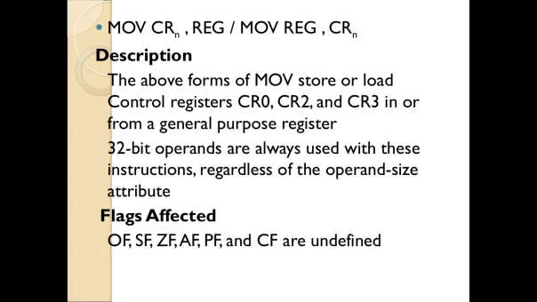Next, MOV CR, register or MOV register, CR: control register to general register or general register to control register. We can move values from one control register to some general purpose register or from a general purpose register to some control register. The flags affected are OF, SF, ZF, AF, PF and CF.